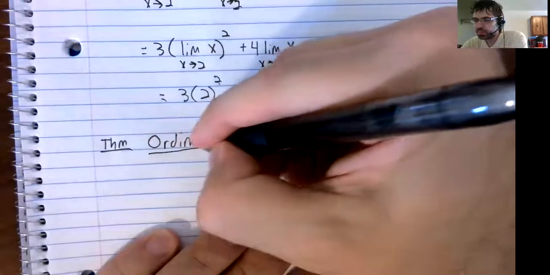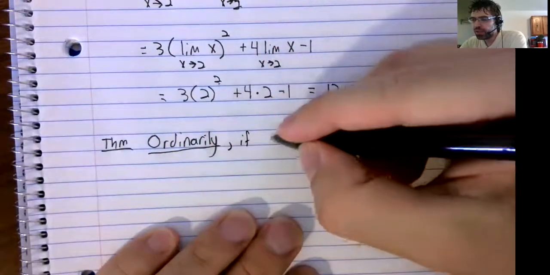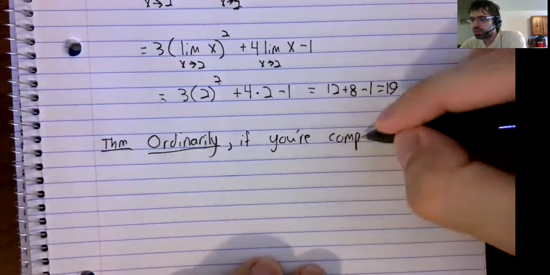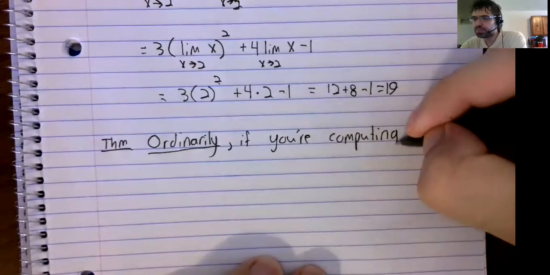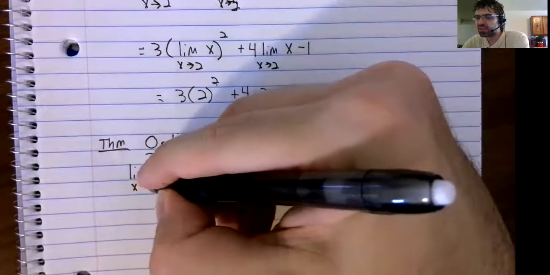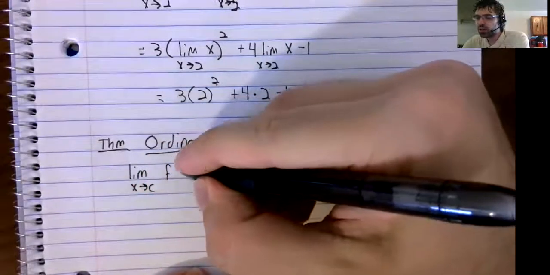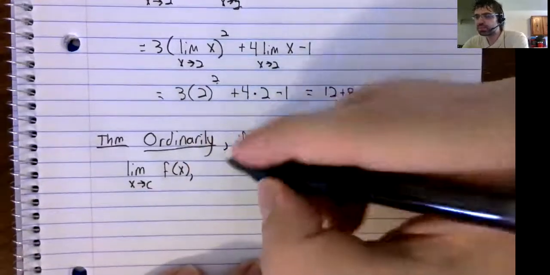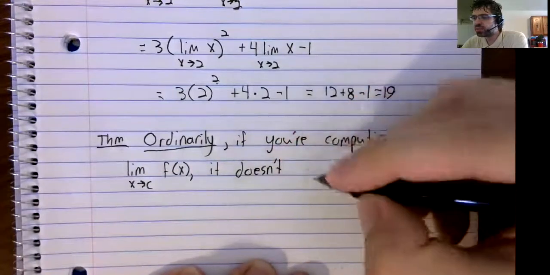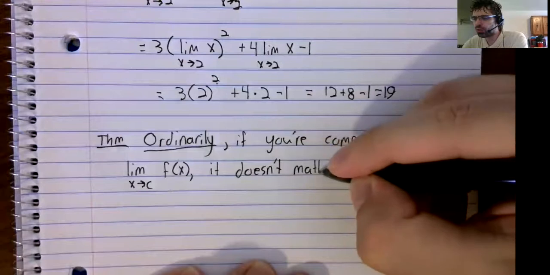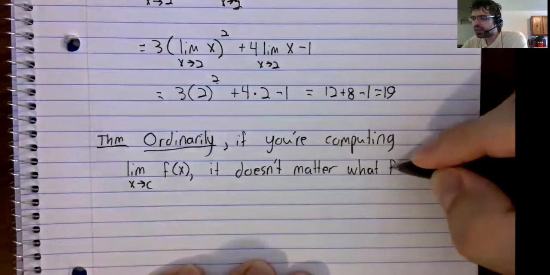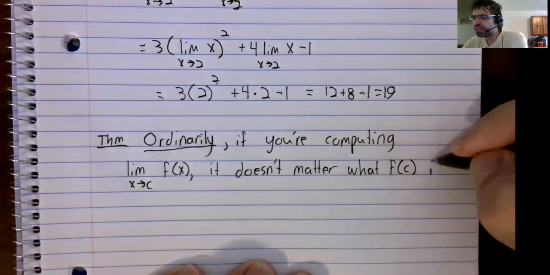Ordinarily, if you're computing the limit as x approaches c of f of x, it doesn't matter what f of c is.